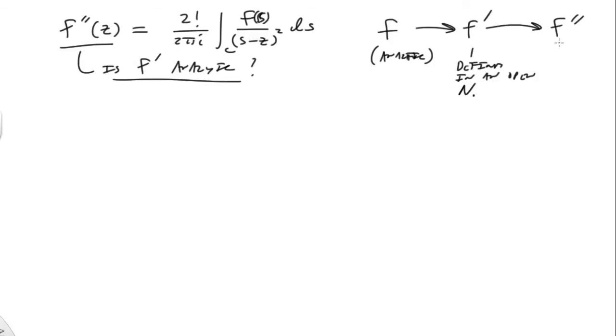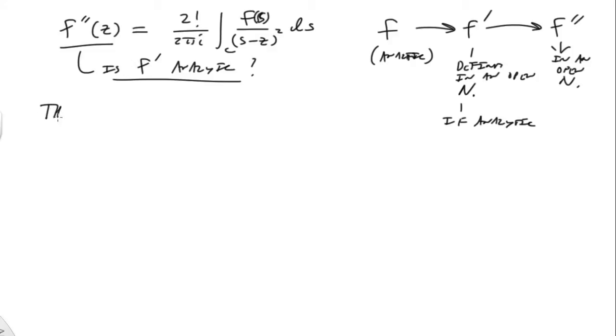But the question is, if this is analytic, that means that f double prime exists and is in an open neighborhood, just like before. And now what we're saying is that if f is analytic, then f prime is analytic, and then f double prime is analytic, and so on forever.